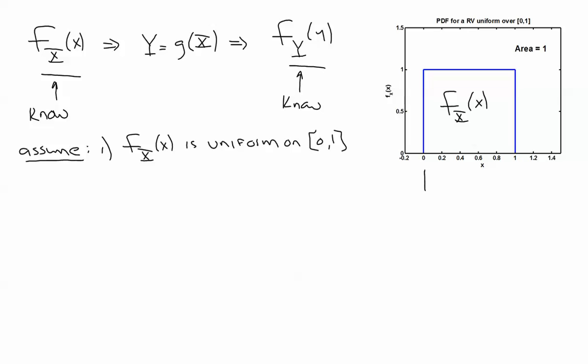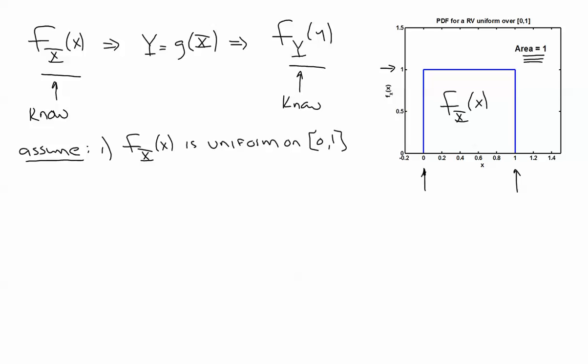All right? It'll never be less than 0. It'll never be greater than 1. The probability density function, of course, always has unit area, meaning that the peak value of my probability density function is 1. That's pretty much the simplest possible probability density function that you're going to encounter. Uniformly distributed on 0 to 1.